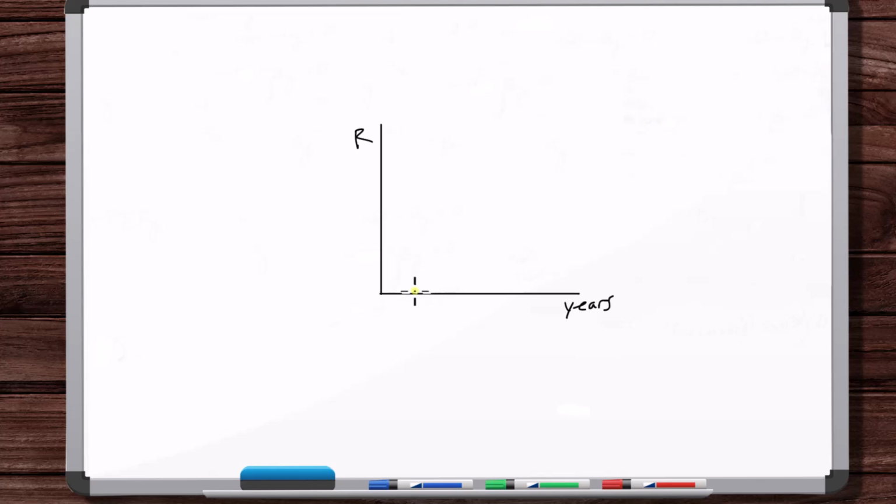So here's 1 year, 2 years, 3 years, 4 years, 5 years, 6 years. And let's say this comes out linear. So that's good, right? The company is growing. Every year, the revenue has increased. Over the course of the year, you're getting more and more revenue.